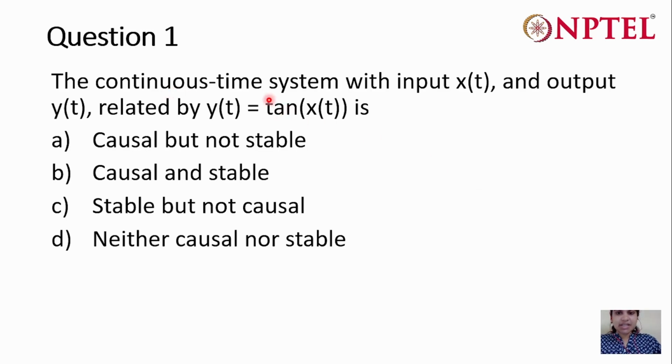The continuous time system with input x of t and output y of t related by y of t equal to tan of x of t is dash. So we are looking at the causality and stability of systems. Our system equation is y of t is equal to tan of x of t.